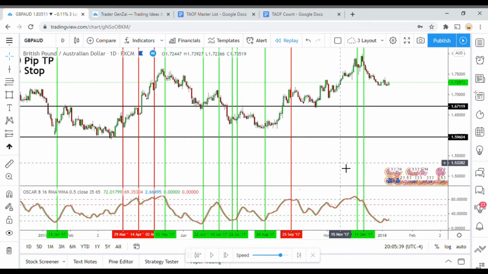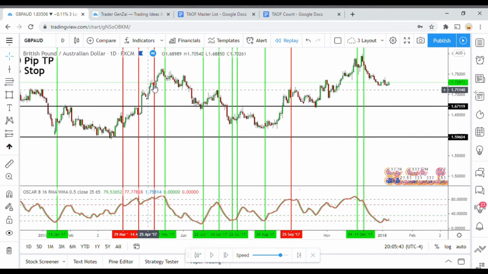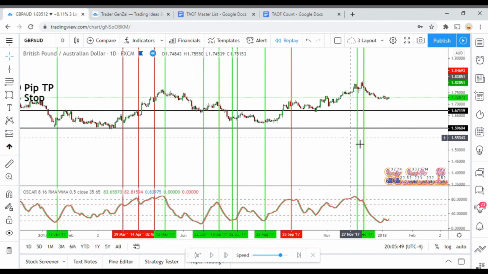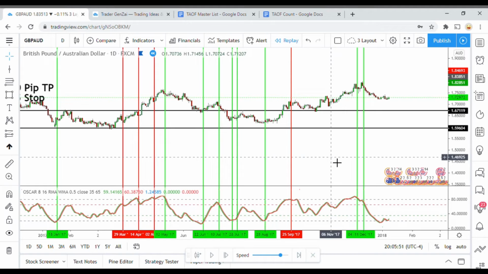It picked up a pretty nasty little streak of losing trades over here, but then a pretty decent streak of winning trades on the other side, so all in all, not too bad. Like I said, it'll go on the yes list, and we'll move on to the next indicator from here.